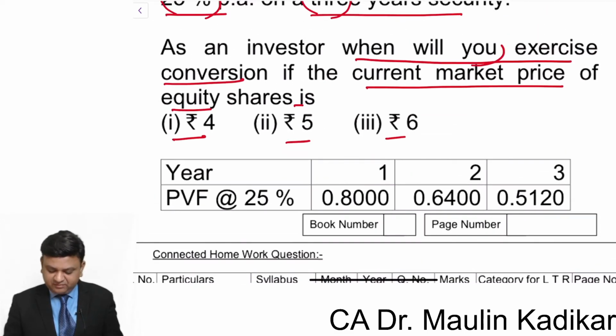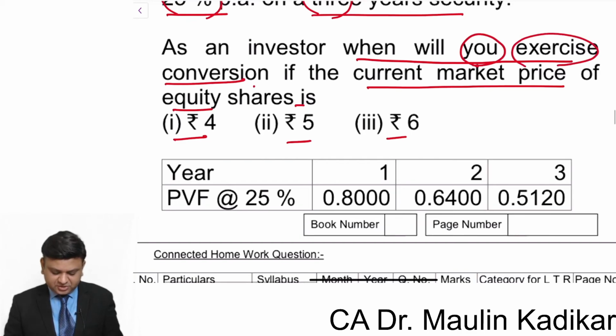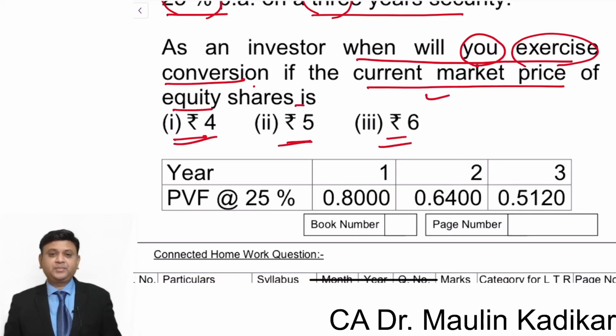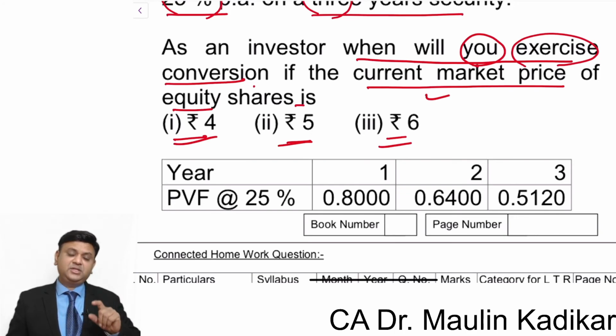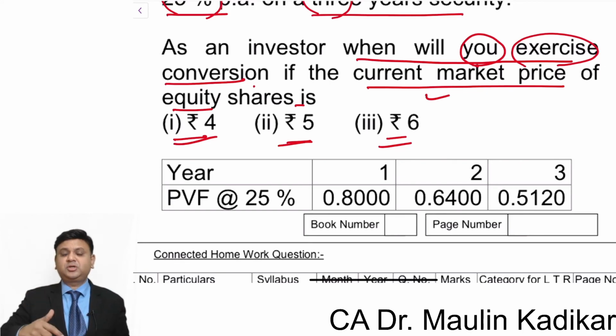As an investor, when will you exercise the conversion if the current market price of the share is 4, 5 and 6? That is exactly the same question as here, and this time they have provided an additional question on duration, and have not asked about individual prices but the break-even price beyond which you should exercise the conversion.